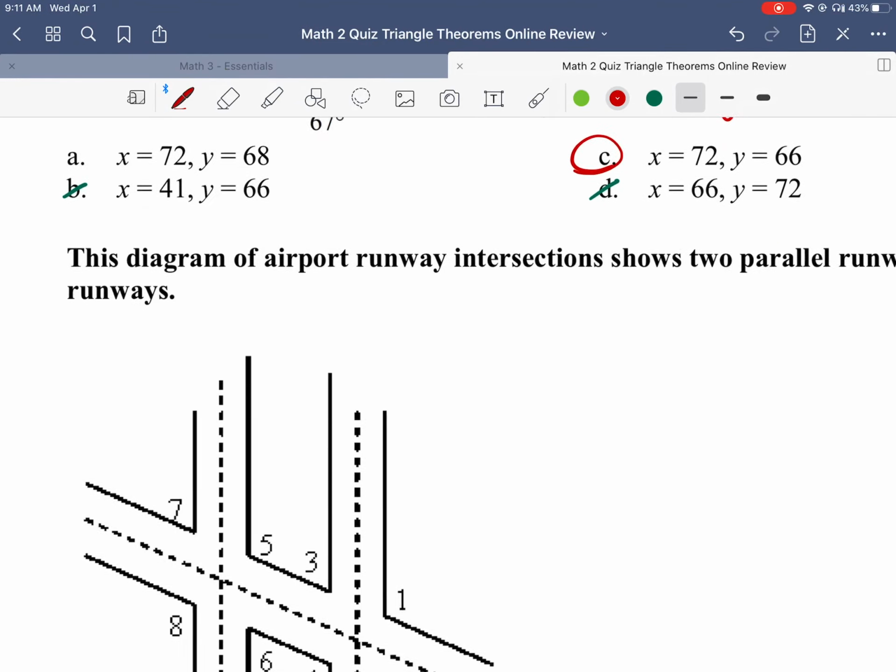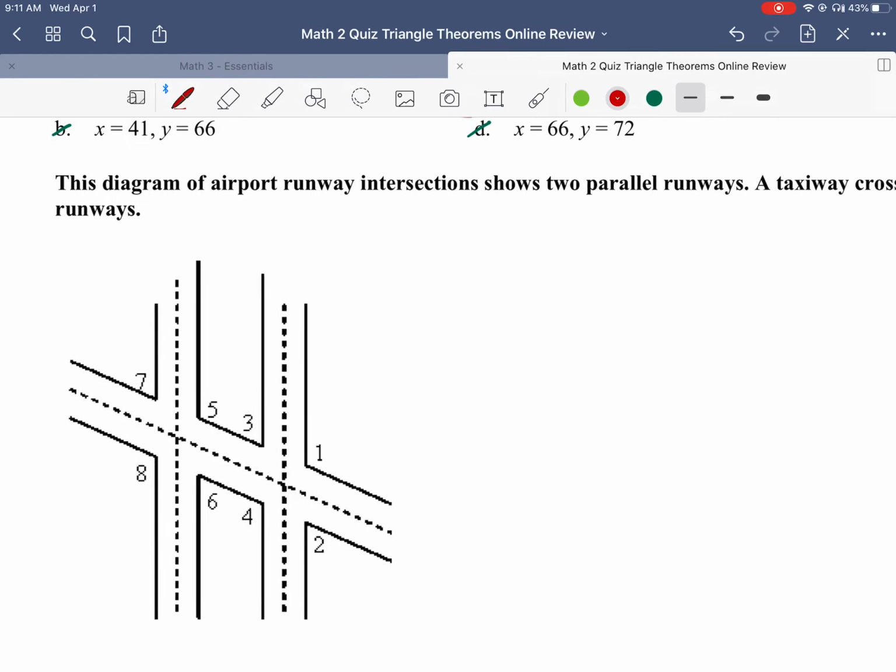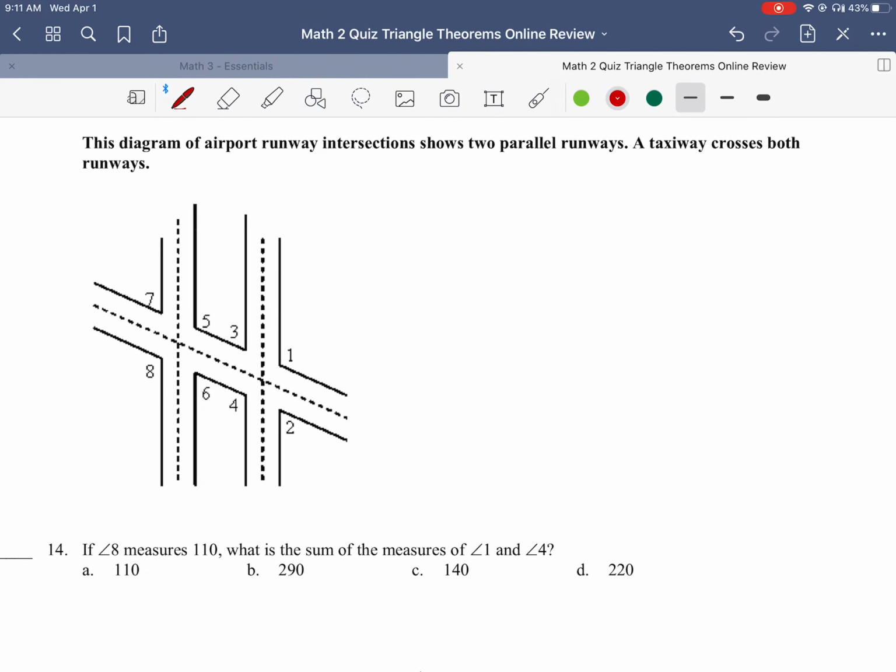Okay. Just a couple more questions. 14, we're using this picture. So it says if angle 8 measures 110, find the sum of the measures of 1 and 4. Okay, so notice 8 and 4 are in the same spot with one another, so they are congruent to each other.